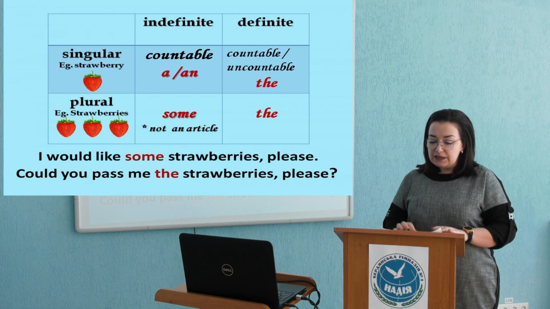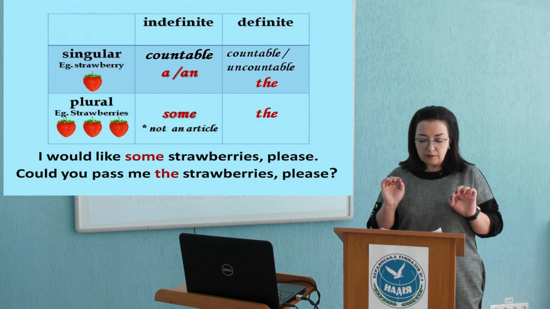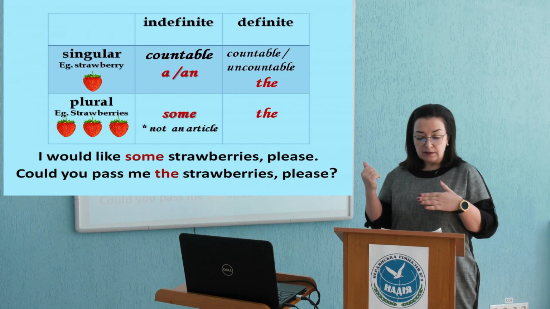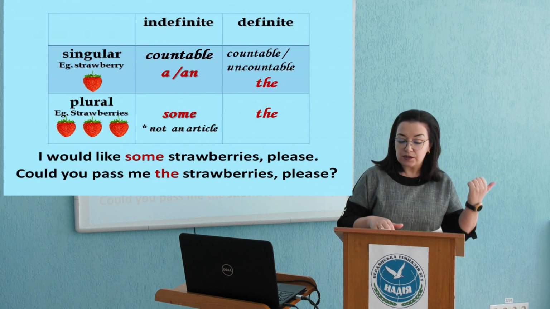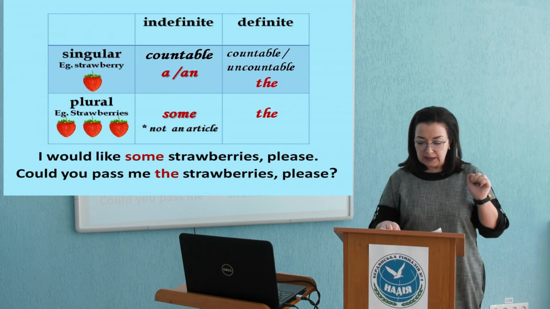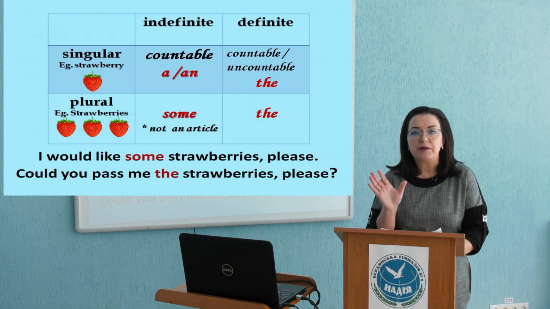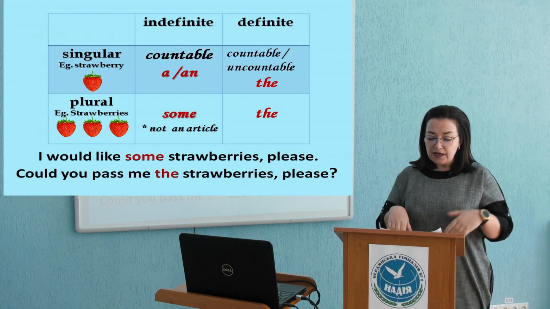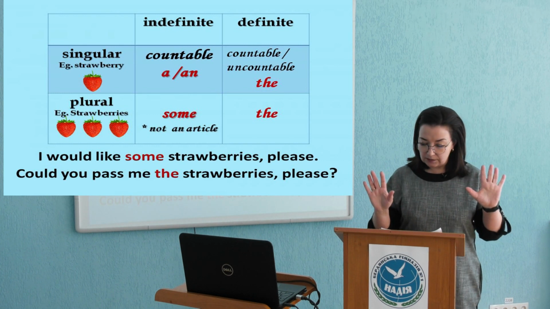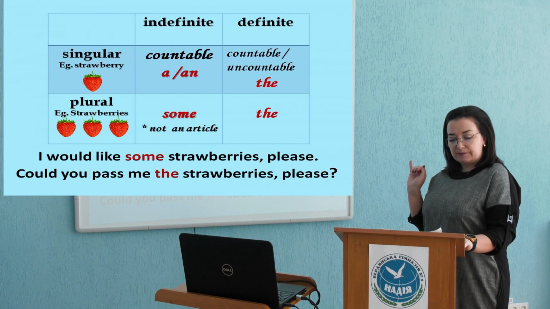So, for the singular countable noun strawberry, for example, I can say a strawberry, and I can say the strawberry when I am being specific about it. If I'm using the plural form of that noun, strawberries, then I can use some if I'm not specific about it. For example, I would like some strawberries, please.